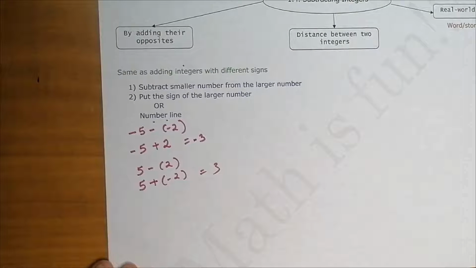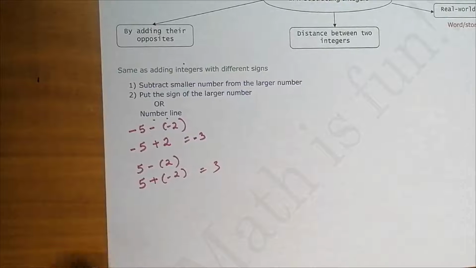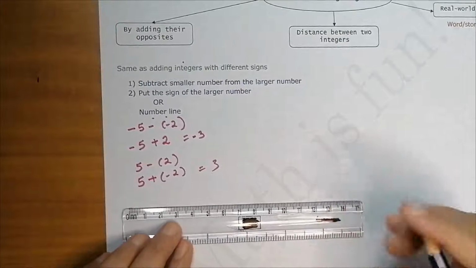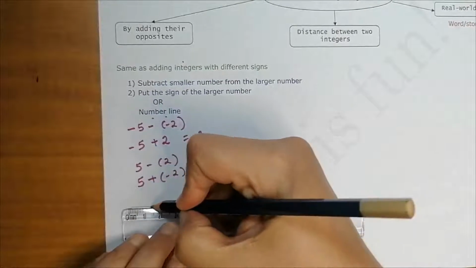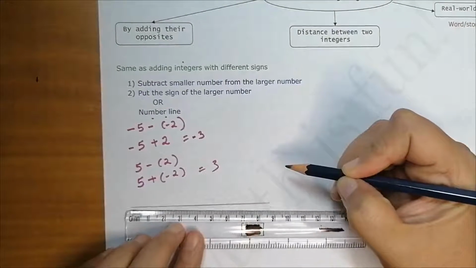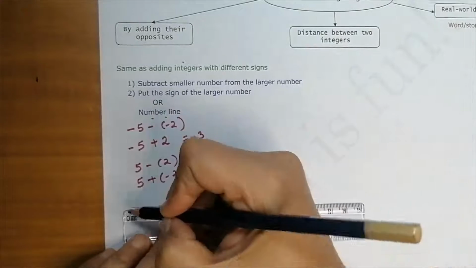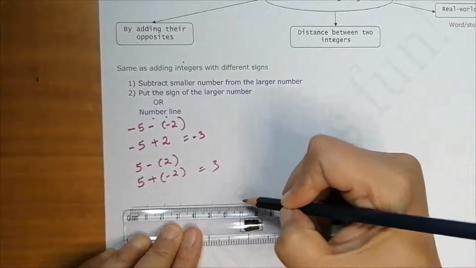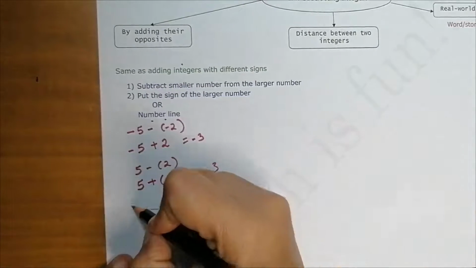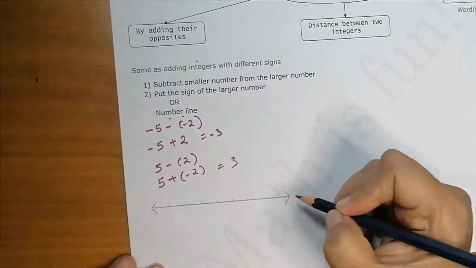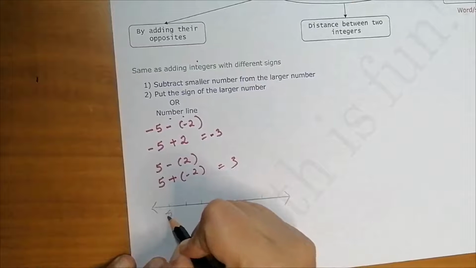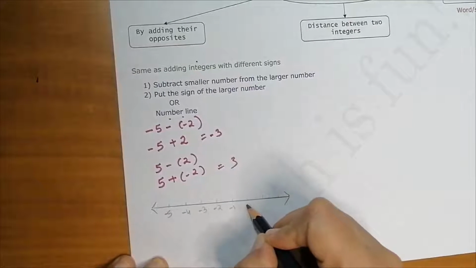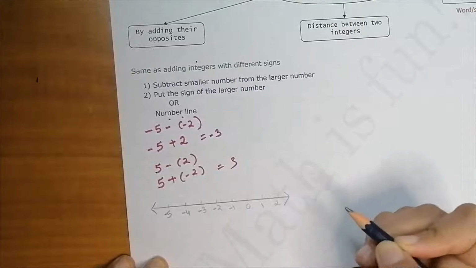Let's understand how it is to be done on a number line. We take the first example here. Let me first plot the numbers. Let's mark them: -5, -4, -3, -2, -1, 0, 1, 2.